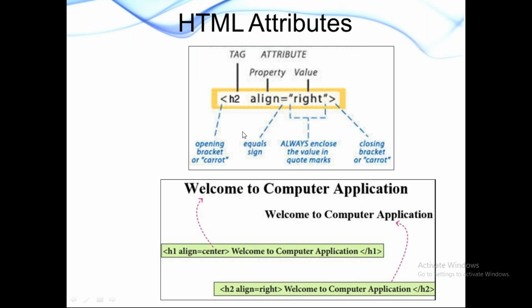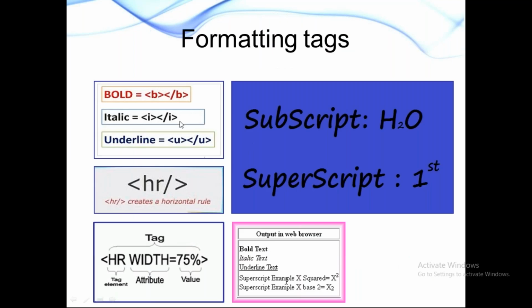Then you can set the alignment for the heading. If you want it to be aligned at the center or aligned to the right, you can specify it with an align attribute. When you consider the text formatting tags, you have bold, italic, underline, then subscript, horizontal ruler, etc.